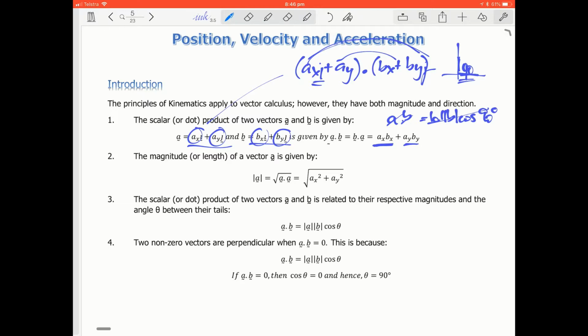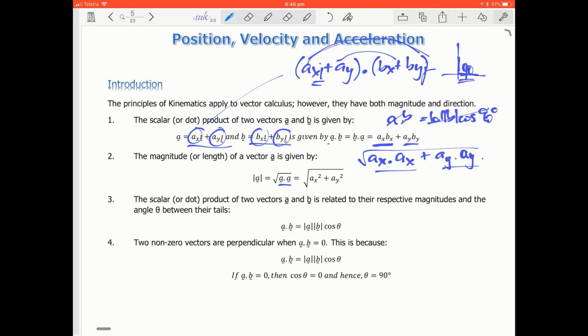time-varying vectors. Okay, so the magnitude or length of a vector A is given by the vector dotted with itself and square rooted. So all we're doing is taking our x component dotted with itself plus our y component dotted with itself and then square rooted, which is ax squared plus ay squared, square rooted.